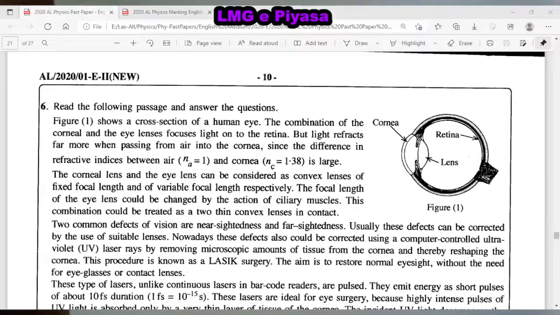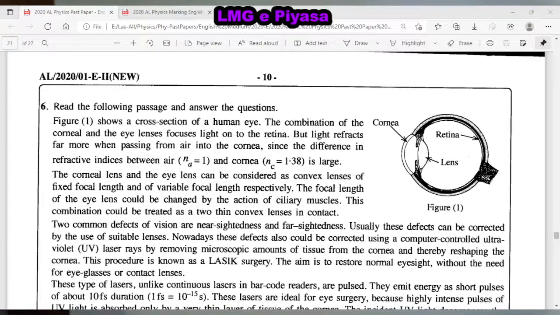Figure shows a cross section of a human eye, combination of the corneal and eye lenses, focuses light onto the retina.